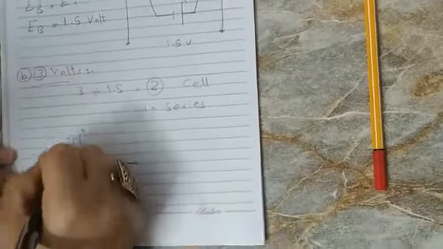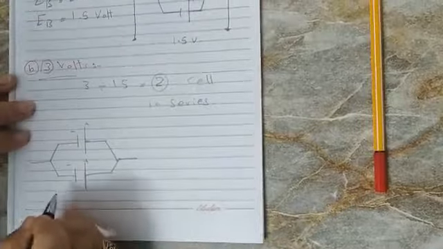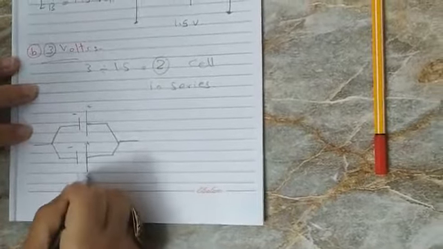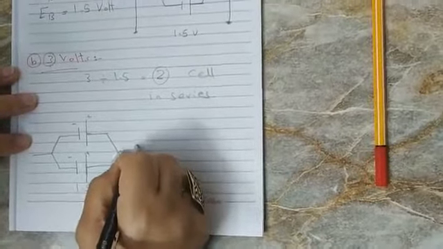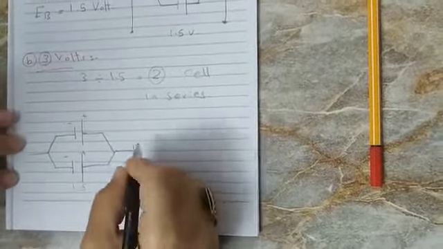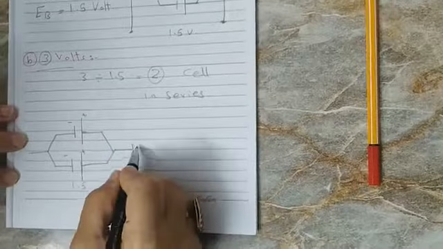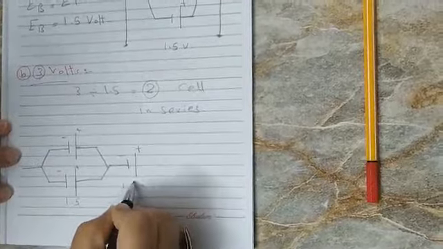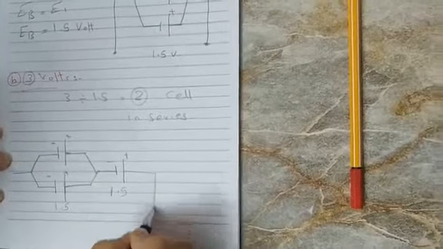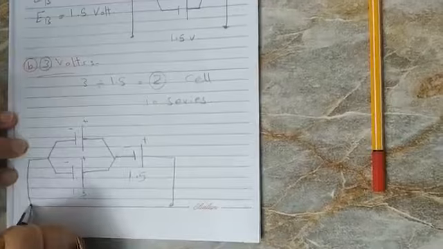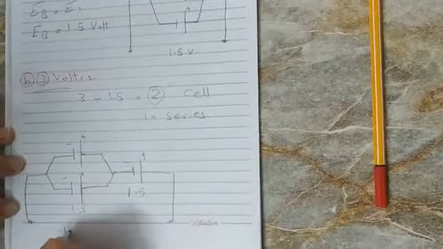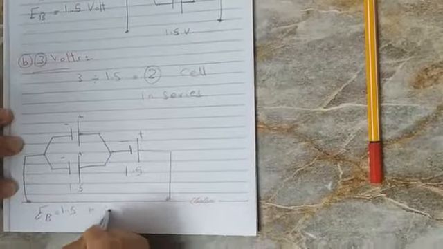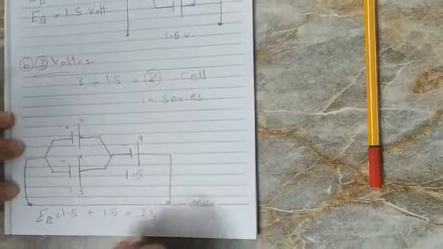This is 1.5 and this is 1.5, but they are connected in parallel, so the electromotive force of both of them is 1.5. And here we connect the last one in series, so it has only 1.5 volt. So E battery equals 1.5 plus 1.5 equals 3 volts.